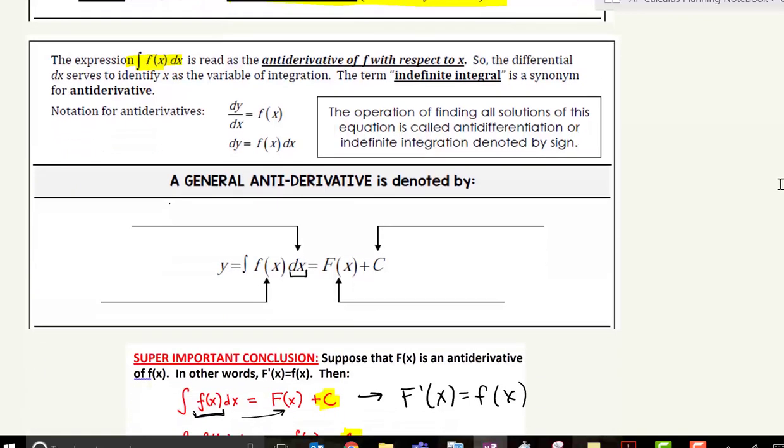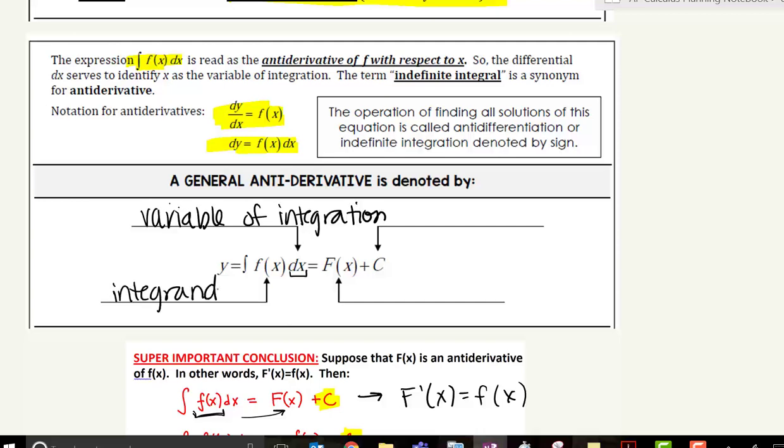Notation for antiderivatives. When we are looking at antiderivatives, you may see dy over dx equals f of x, or sometimes that dx is multiplied and you're given dy equals f(x) dx. So for general antiderivative notation, we have our variable of integration, this dx. This f(x) is the integrand.